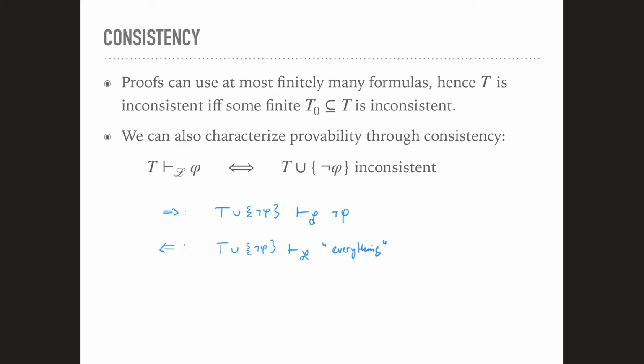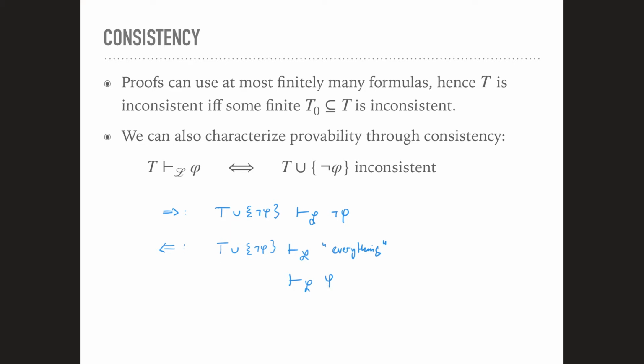So in particular, T union not phi proves phi. Well, that doesn't quite help us, because we need to show that T proves phi. We only can show that T union not phi proves phi. So how do we get rid of the extra assumption not phi here to show that T proves phi?